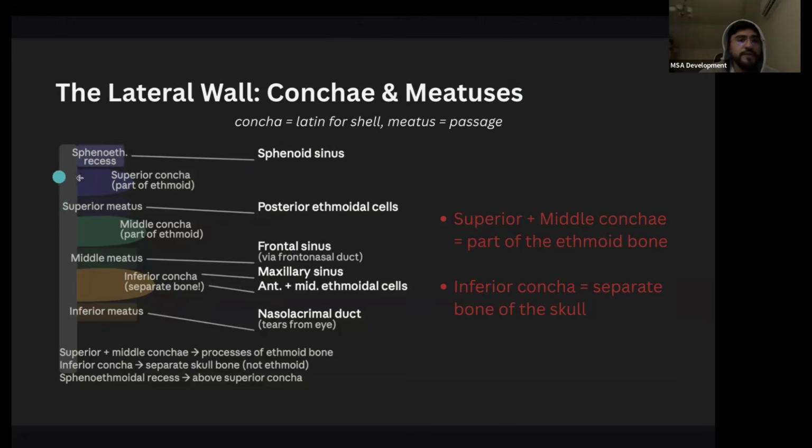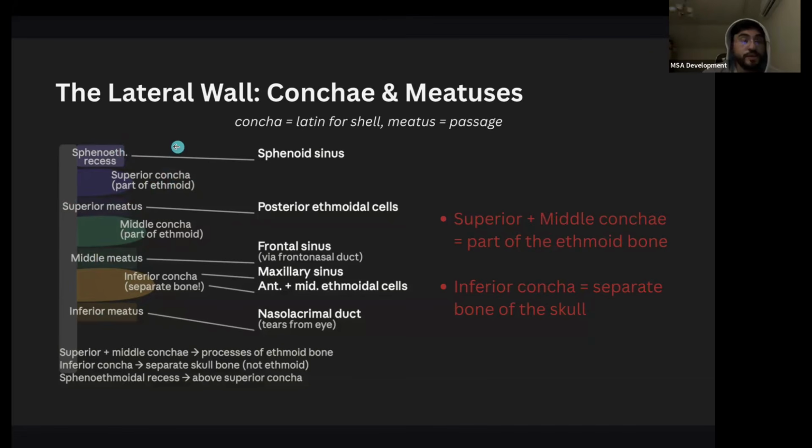So, first of all, we have the superior concha, middle concha, and inferior concha as well. And right between the superior and the middle, we have the superior meatus. Right between the middle and the inferior, we have the middle meatus. And below the inferior concha, you'll have the inferior meatus. And above the superior concha, you're going to have the sphenoethmoidal recess.